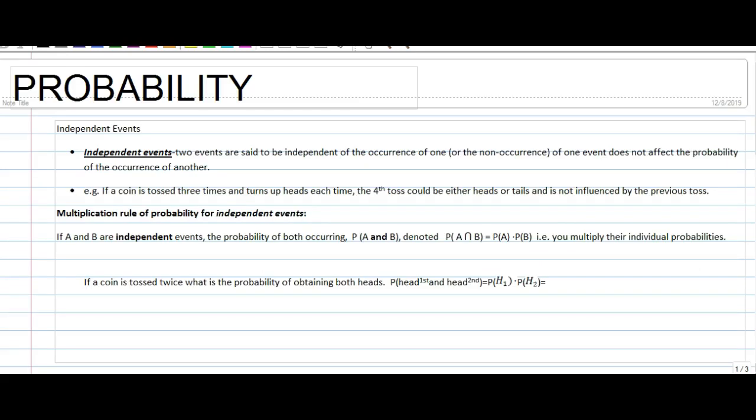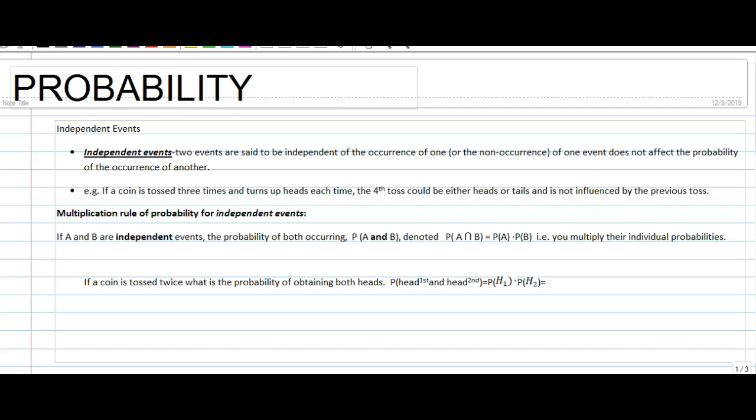So in all the previous examples, we have been trying to determine the probability of the occurrence of a single event. But now we're going to look at determining the probability of the occurrence of two or more events. So the first set of events that we're going to discuss is independent events.